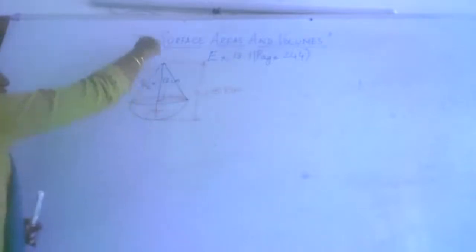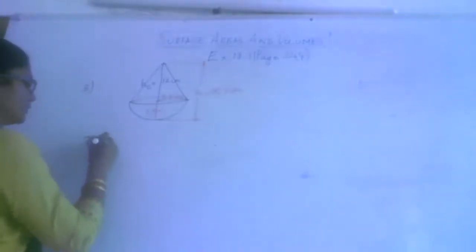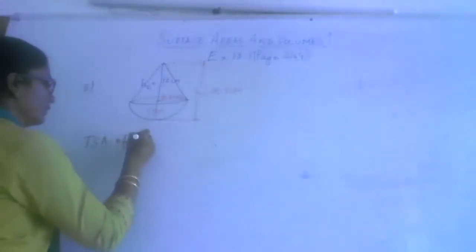So the surface area of the toy. So how many surfaces does this toy have? Please imagine that it is a hemispherical base. Ma'am, CSA of cone and CSA of hemisphere. So the total surface area of the toy, the TSA of the toy, will be equal to, there are two surfaces that you should be able to imagine.